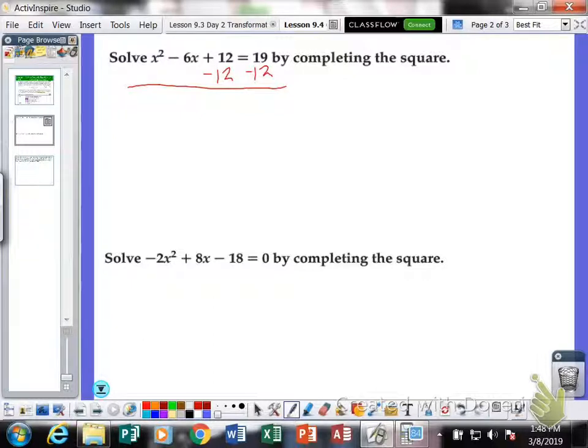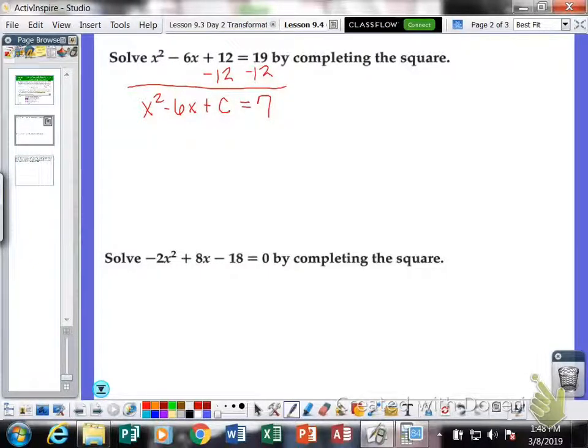I need an x squared minus 6x. That 12 has no relationship with the 6. I can't think of numbers that will give me 12 and 6. So I get rid of that 12, and then I get x squared minus 6x plus c, there's that c we're going to look for, equals 7.